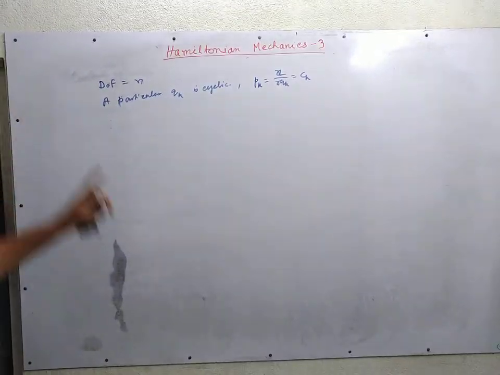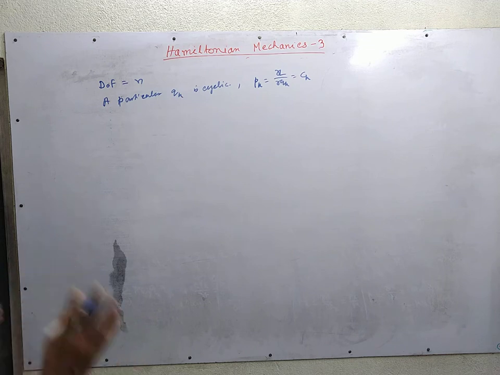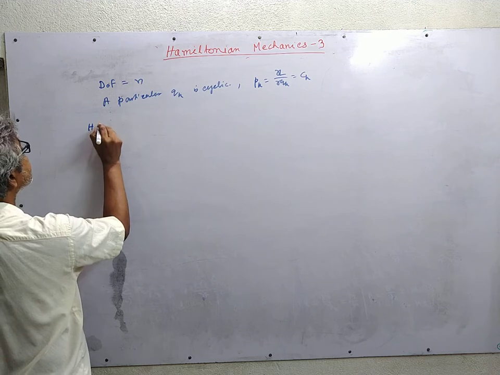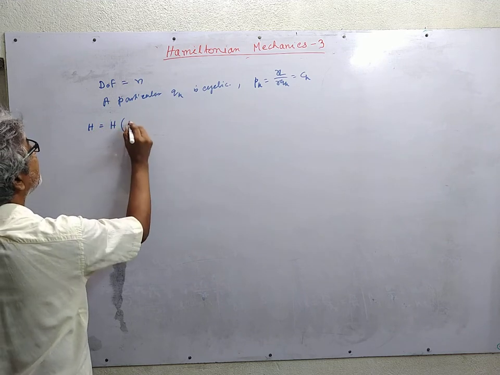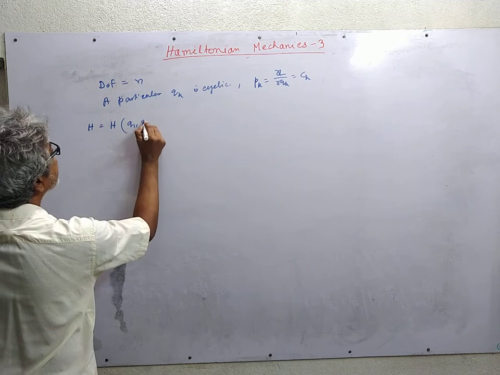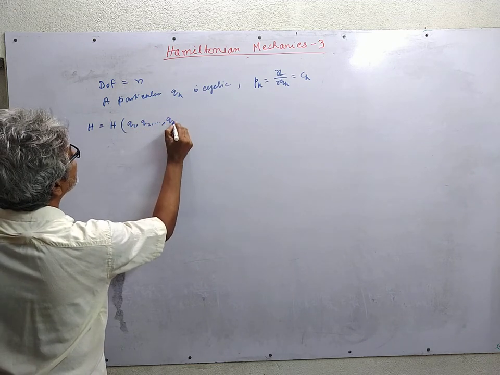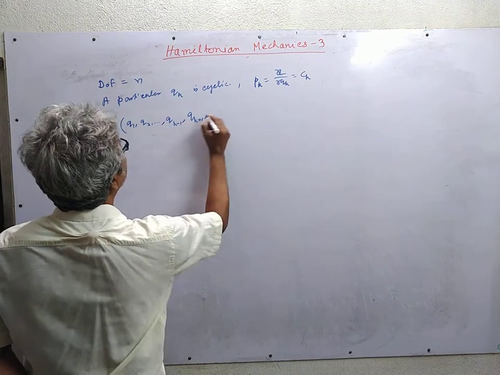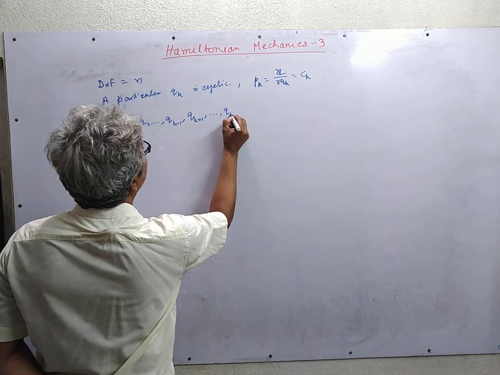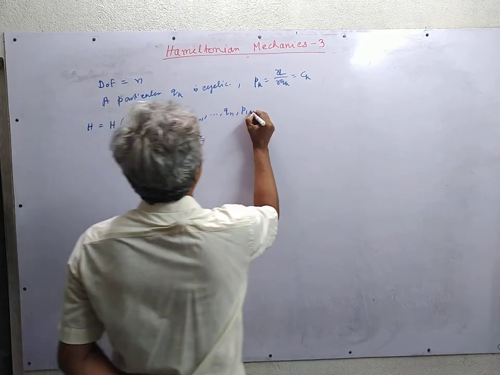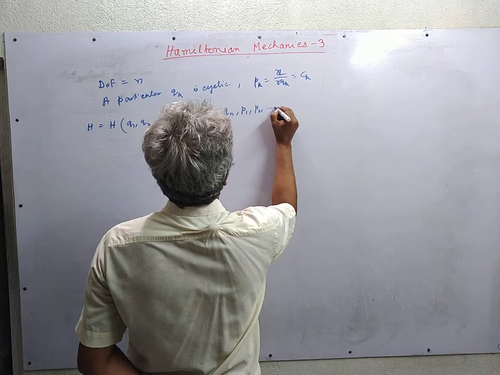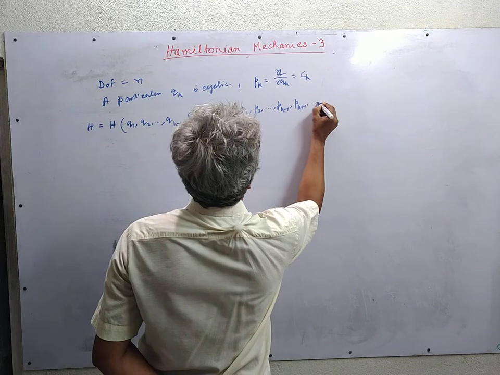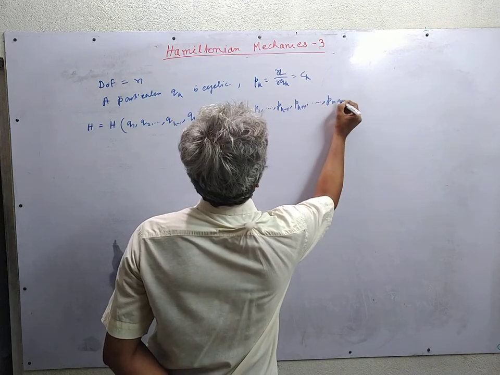Now, if we encounter such a situation, then the Hamiltonian can be written as a function of q1, q2, up to q_k minus 1, q_k plus 1, with q_k missing, up to q_n, and p1 up to p_k minus 1, p_k plus 1, right up to p_n, and t.